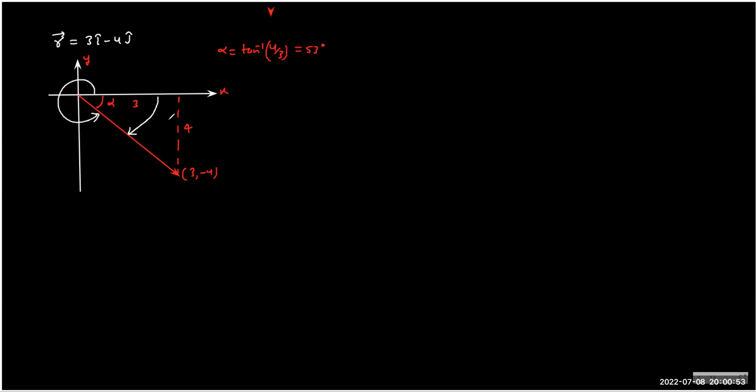And now we can write the answer. The direction is minus alpha. That's it. Do you realize this? Minus alpha. So theta turns out to be minus 53 degree, and this is how we interpret various angles.